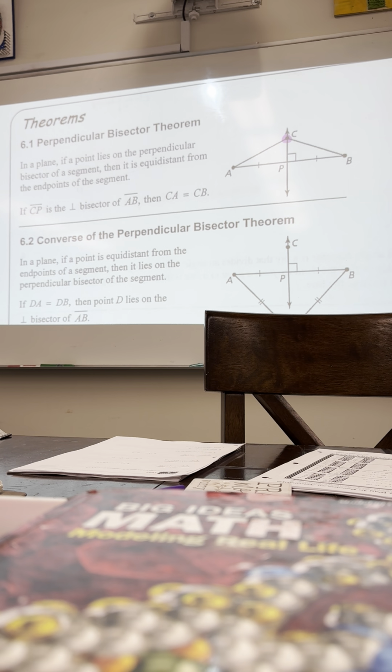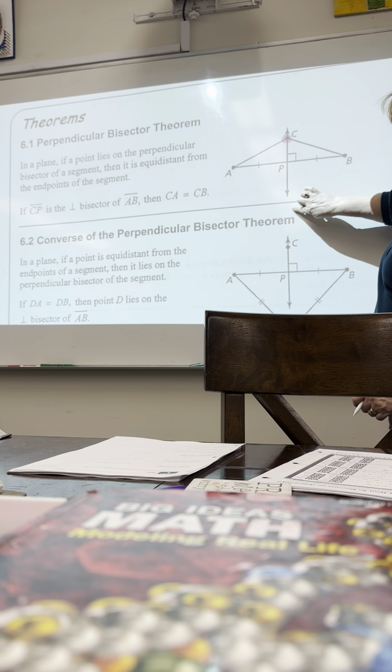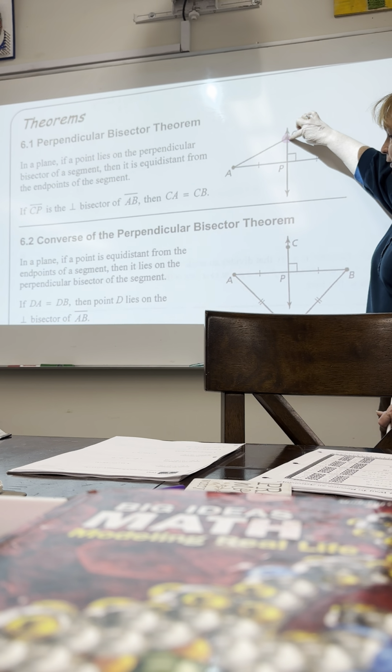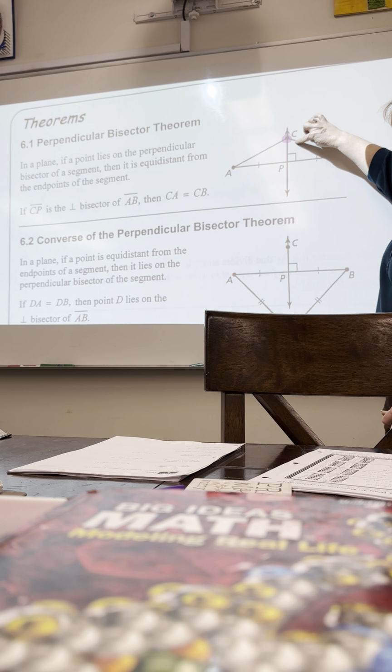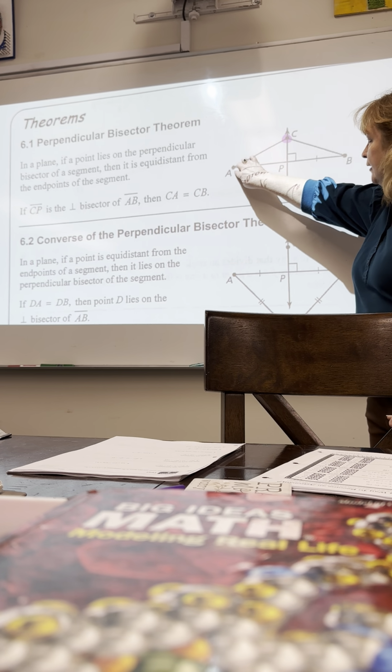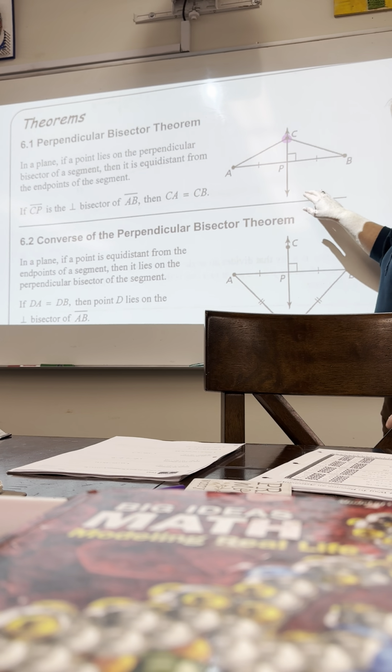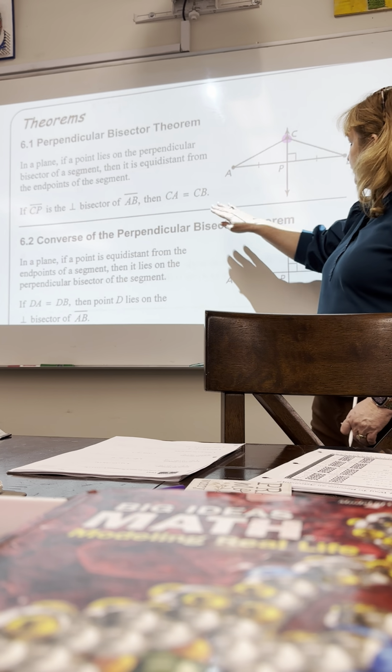According to this theorem, C will be the same distance away from the endpoints of the segment. What are those endpoints? A and B. So this point on the perpendicular bisector should be the same distance from the endpoints of the segment. They give it to you right here: CA equals CB.